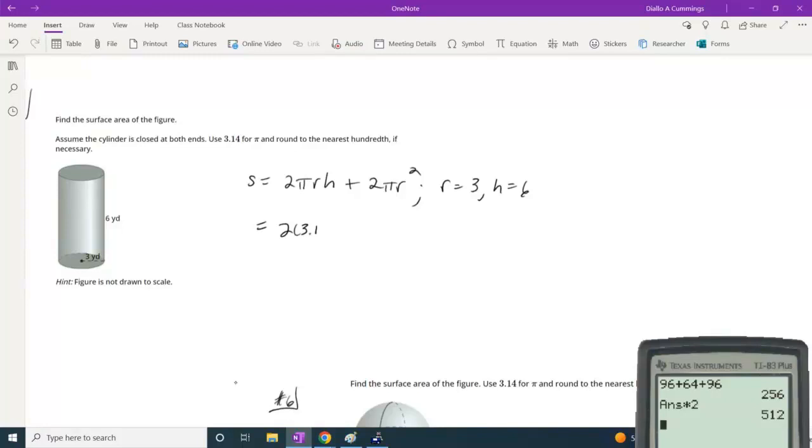So this is 2 times 3.14 times 3 times 6, plus 2 times pi, which we're going to substitute for 3.14, times r, which is 3 squared.